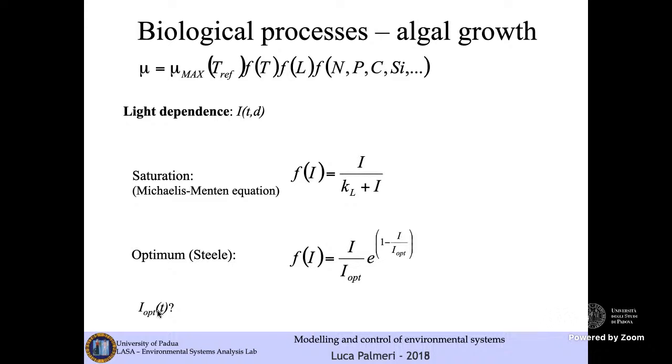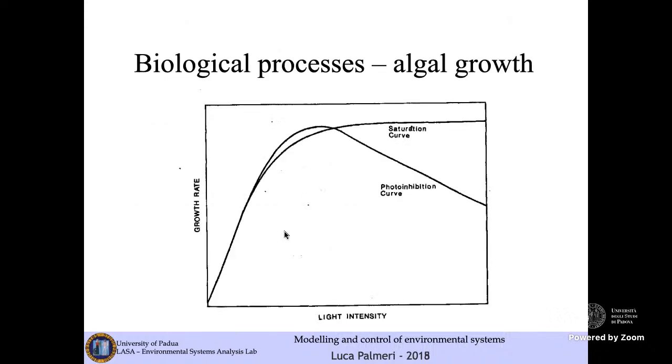We have seen an astronomical model that describes this in terms of latitude, so position on the Earth, and in terms of the solar declination, so the moment of the year. But we have also seen a more detailed model, a sinusoidal model, that may be employed for smaller time scales.